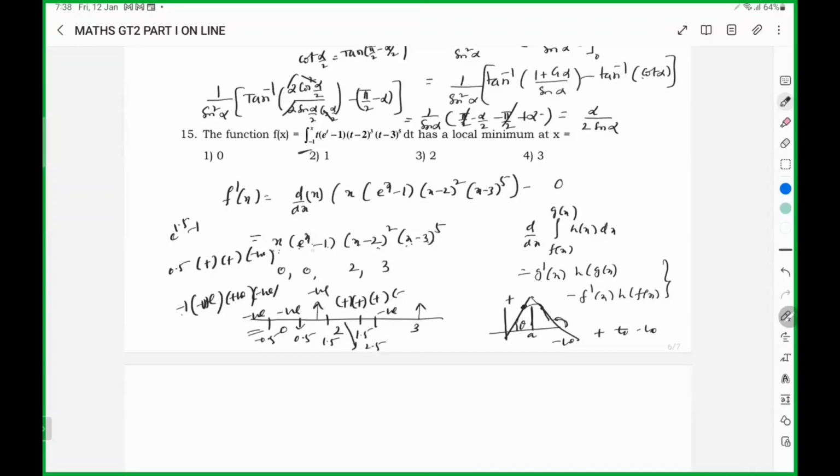When it comes to 3, 2.9 you take, it is positive. E power 3.9, 2.9 minus 2, it's anyhow whole square positive. 2.9 minus 3 power 5, this is negative. So that means at 3, before 3 it is negative. After 3, this is anyhow positive. 3.1 you take positive.